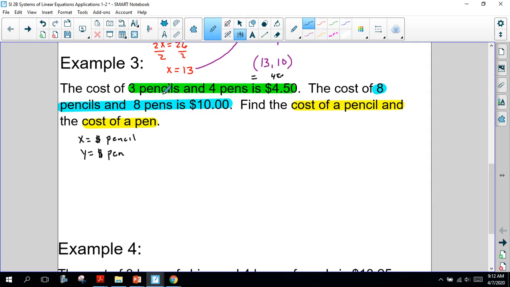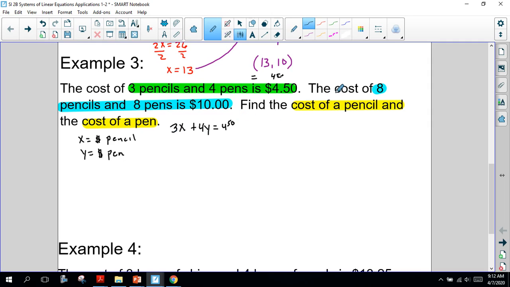How am I going to figure out the cost of the pencils? Well, if X represents the cost of 1 pencil, I take 3 times X, or 3 times the cost of a pencil, plus 4Y. 4 pens times the cost of 1 pen tells me how much I'm spending on the pens, and that total bill is $4.50.